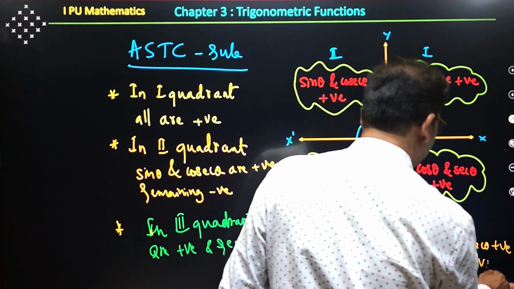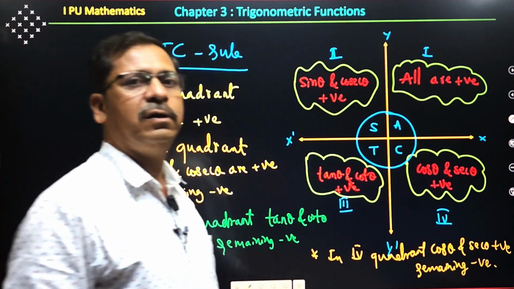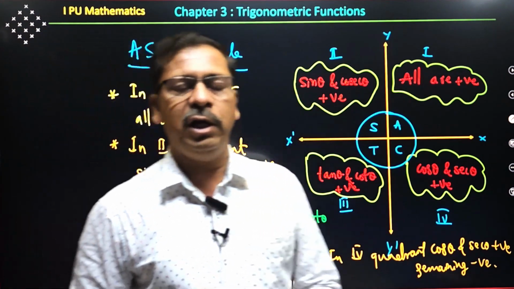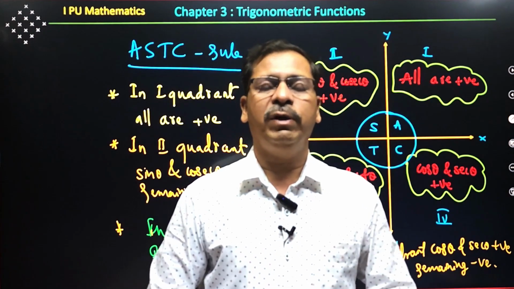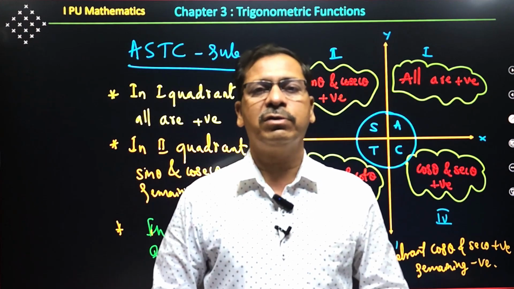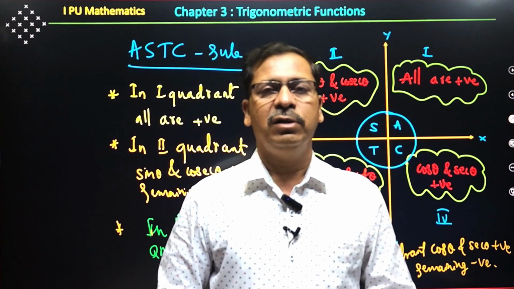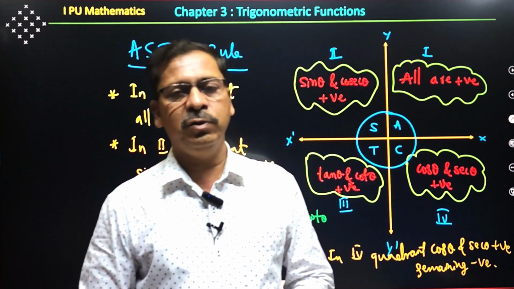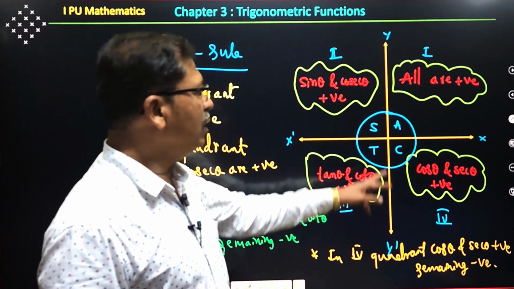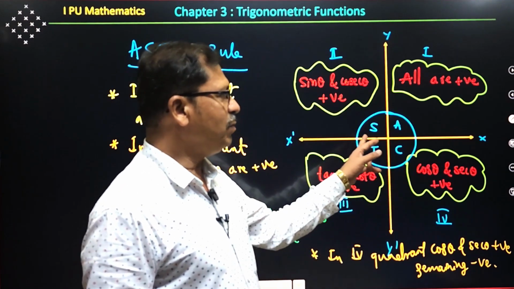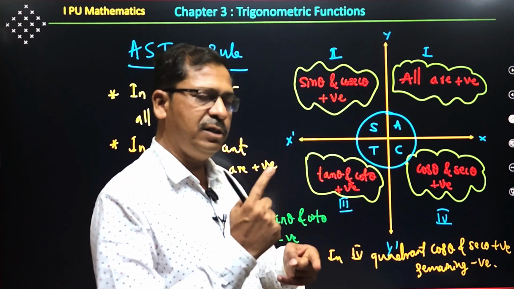So this is the discussion and study you need to remember as far as the sign of trigonometric functions is concerned. As a whole, the conclusion is the ASTC rule. In the first quadrant, all are positive. Secondly, S stands for sine and cosec, in the second quadrant.